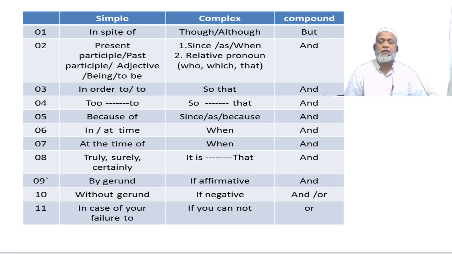In the simple sentence, where we find a present participle, past participle, adjective or being or to be verb, we change the simple sentence to complex by using since, as or when or relative pronouns, and we change it to compound by creating two coordinate clauses.